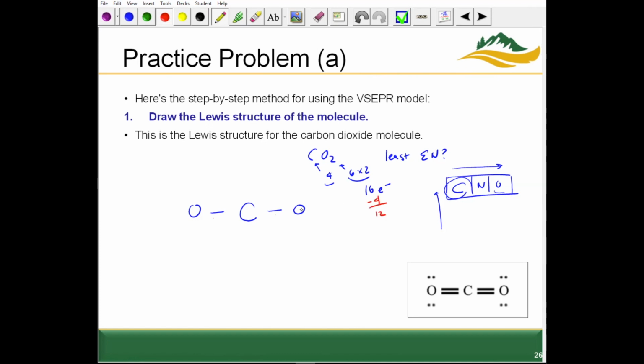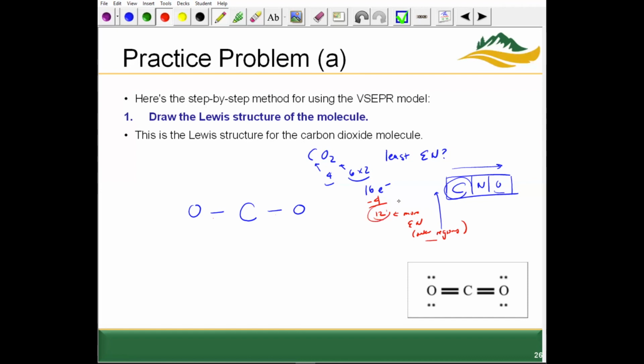So 1, 2, 3, 4. We've used up 4 electrons just to draw the skeleton. Now we need to add these 12 to the more electronegative atoms. The more electronegative atoms are going to be the ones on the outer regions of the molecule. The non-central atoms are the more electronegative.